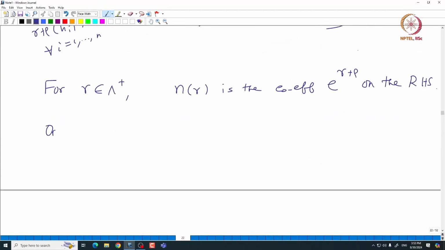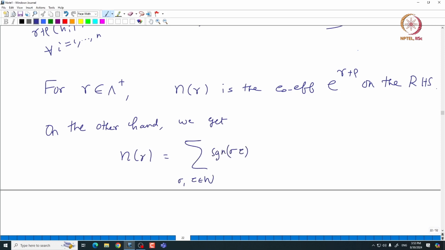So, on the other hand, we get n of gamma to be equal to summation sigma tau varies over W, sine of sigma tau, the partition function corresponding to sigma lambda 1 plus rho plus tau lambda 2 plus rho minus lambda plus 2 rho. So, this completes the proof of Steinberg's formula.